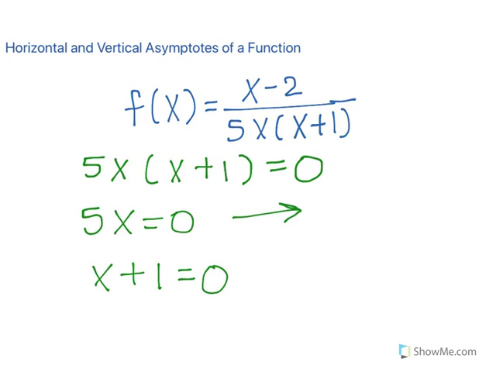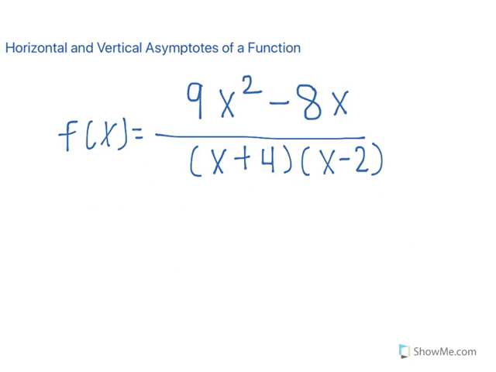So, we'd get x equals 0 because we divide both sides by 5, and we would also get x equals negative 1 because 1 minus 1 is 0. So in our case, we're getting two asymptotes instead of one. So our vertical asymptotes would be 0 and negative 1.